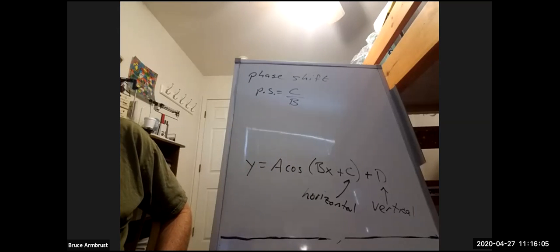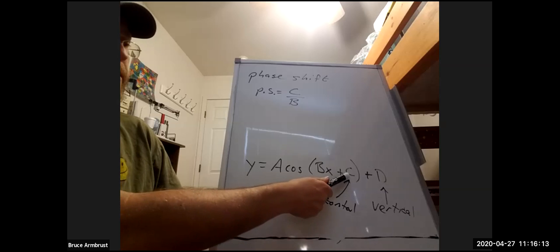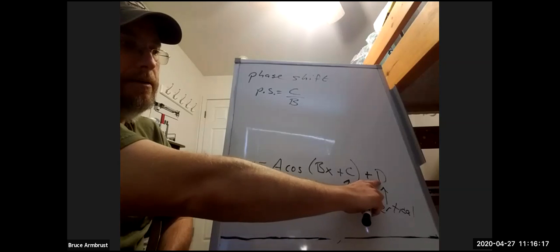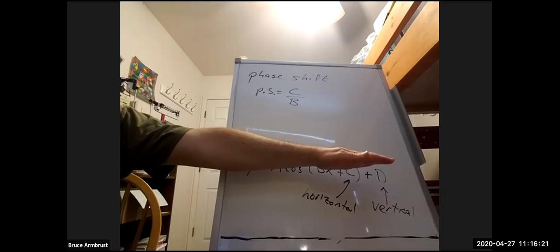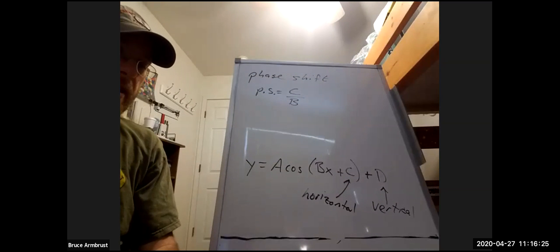Okay, so is C the midline? Kiva just asked. No, C is not the midline. C is a horizontal deal. The midline would be D, because the vertical shift, you can think it took wherever that midline was at 0 and brought it up to D. So C is not the midline.